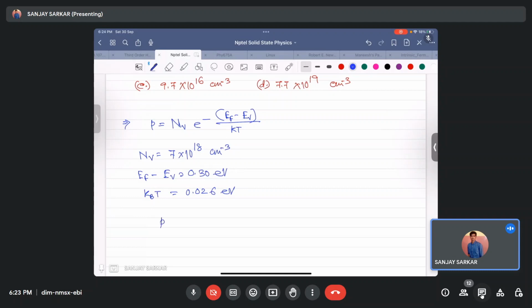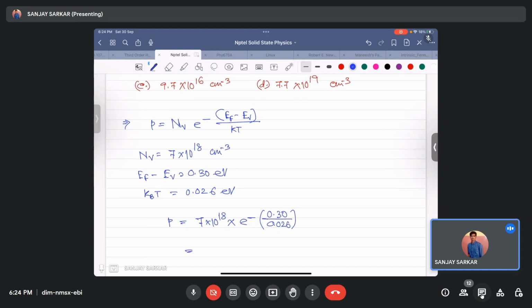So put these values, you will get p equal to NV, which is 7 into 10 to the power 18, into exponential minus 0.30 divided by 0.026.